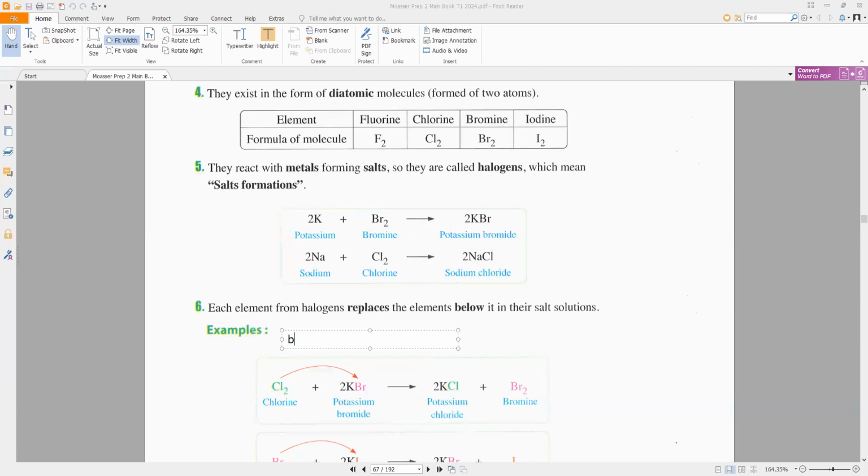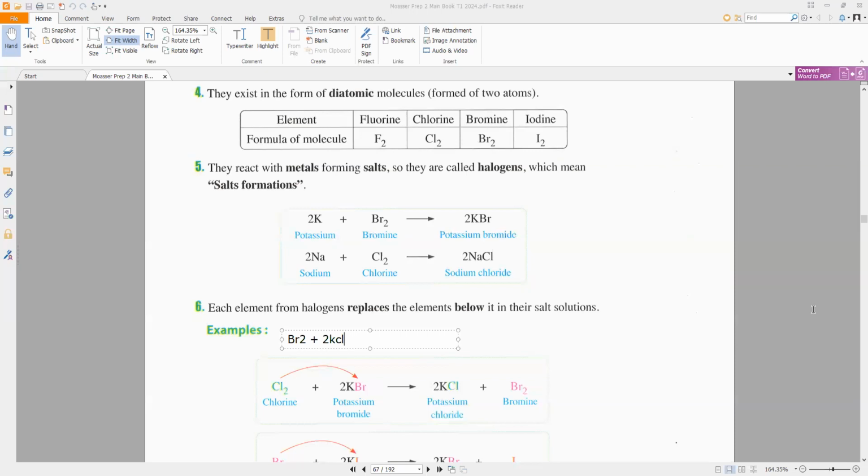When bromine reacts with a salt of chlorine, potassium chloride, what happens? Does the bromine replace the chlorine?